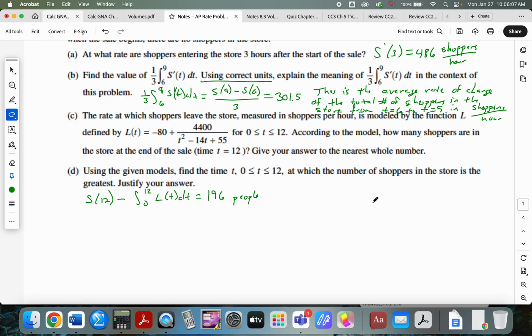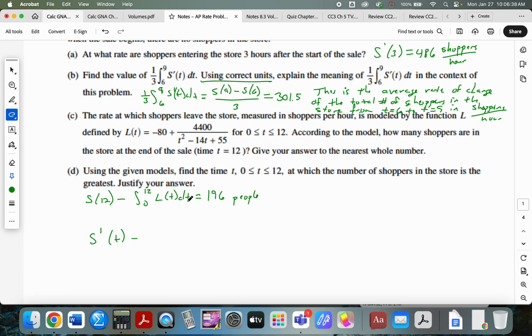All right, so what I want then is to take the derivative of this thing. I don't really care about the 12, right? S of 12 is a number. This is all numbers. But I want to take the derivative of this. So I want to know, when is S prime of t minus, what is the derivative of this thing going to be?